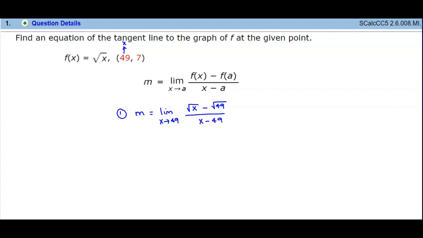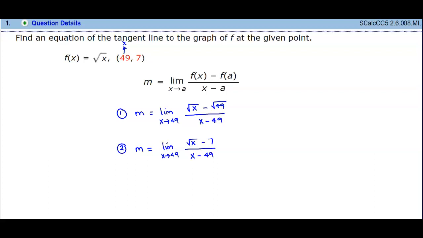Okay, so now the next step is to simplify this. So we have the limit as x approaches 49 of the square root of x minus 7 over x minus 49.